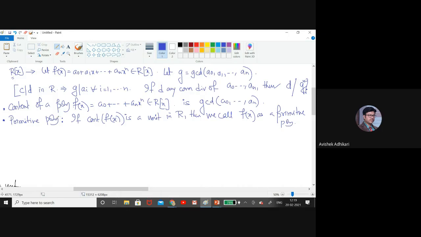So two terms are important here: the content of a polynomial and the primitive polynomial.